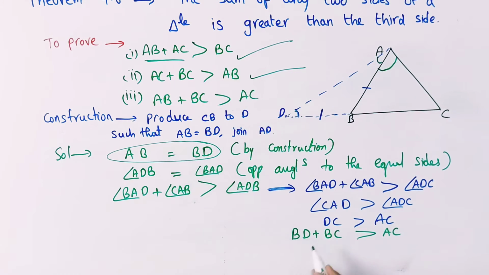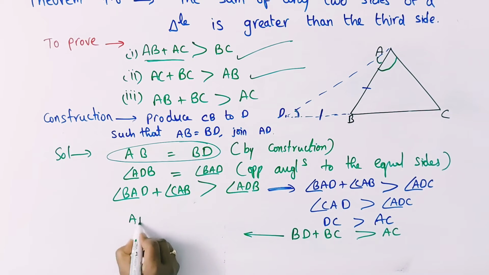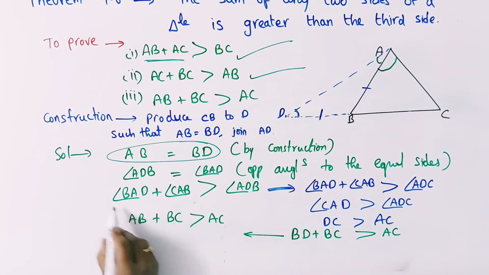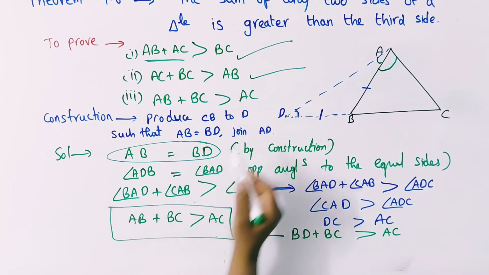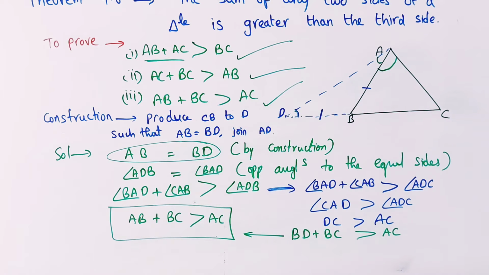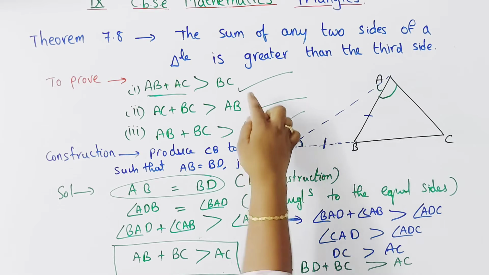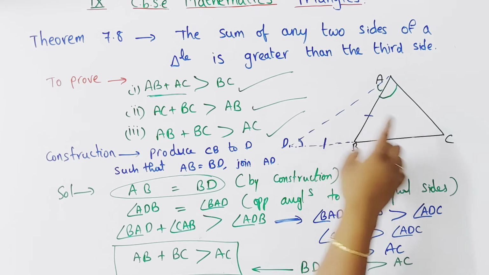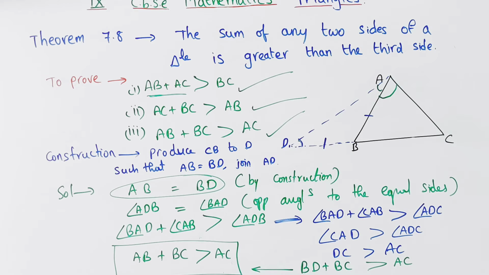It is AB here. So in place of BD I am writing AB plus BC is greater than AC. That's what we have to prove, children. Third one, AB plus BC is greater than AC. From these three proofs, we can say that the sum of any two sides of a triangle is greater than the third side.